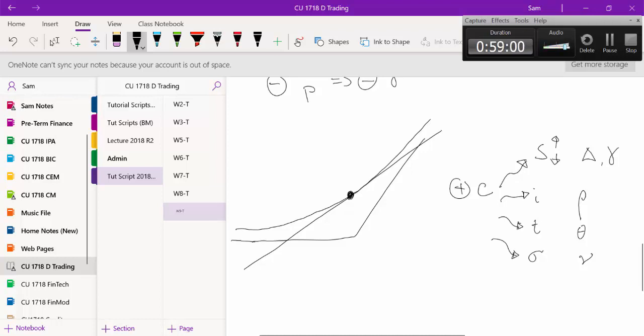Now, the way option traders manage a portfolio of options is they try their best to get rid of this. They don't want to have this. And you might wonder, why not?